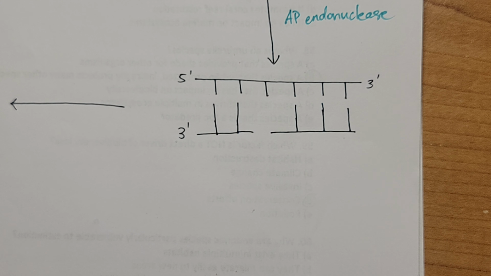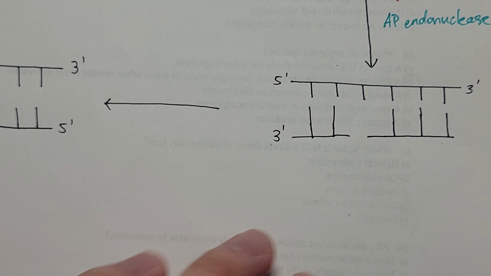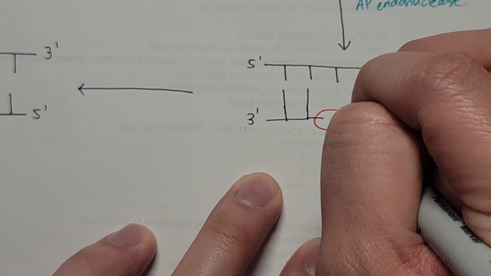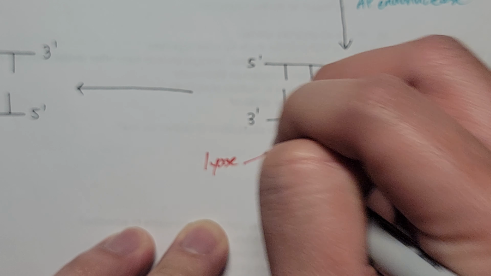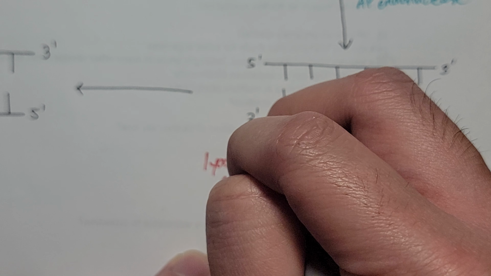Once you have this, another enzyme will be alerted again, and that enzyme is called lyase. This part over here will alert an enzyme called lyase, and specifically, in your slides it was mentioned as dRPase.